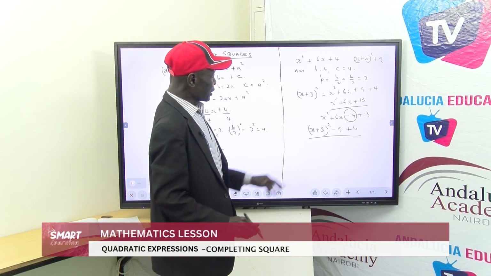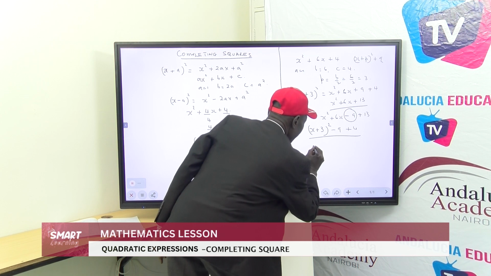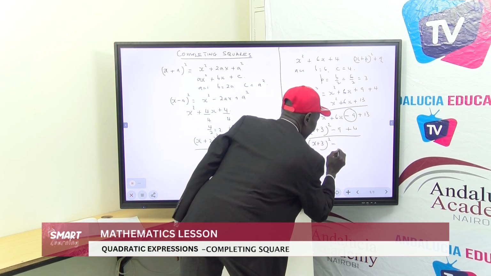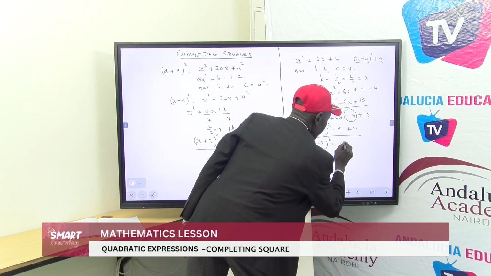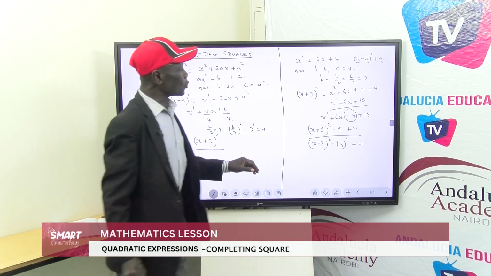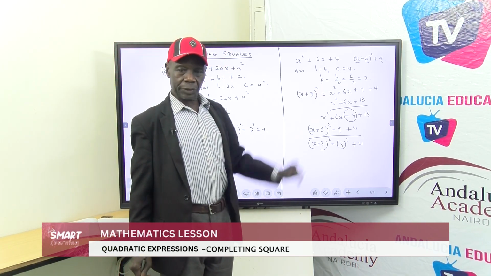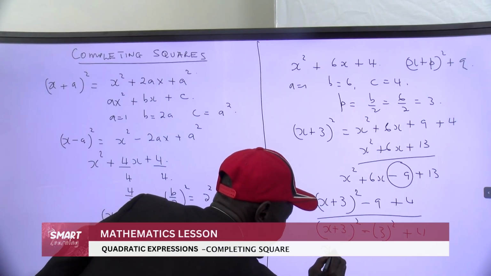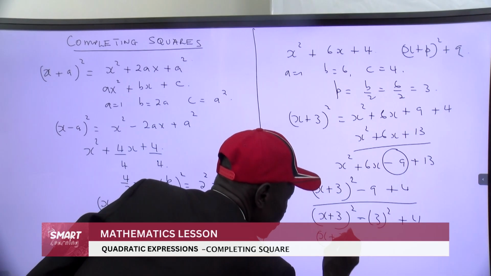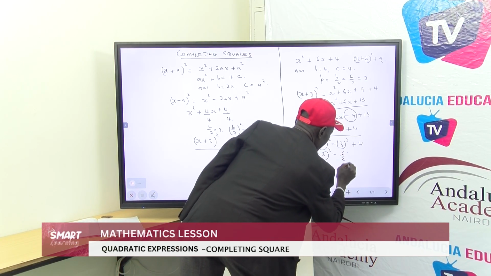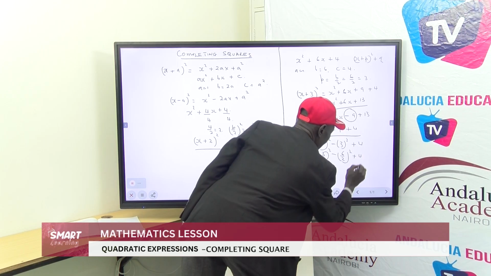So what is my negative 9? It will be x plus 3 squared minus 3 squared plus 4. But our 3 is b over 2, which is your p. So we are going to have x plus 3 squared minus 6 over 2 squared plus 4.